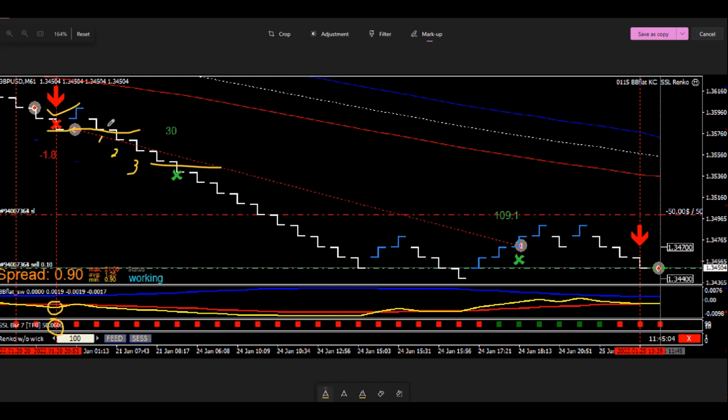Since each of these is 10 pips, that would have been 10 pips, 20 pips, 30 pips. And that's what we got. That was our first take profit, so that was our TP1, which again I have set at 30 pips.